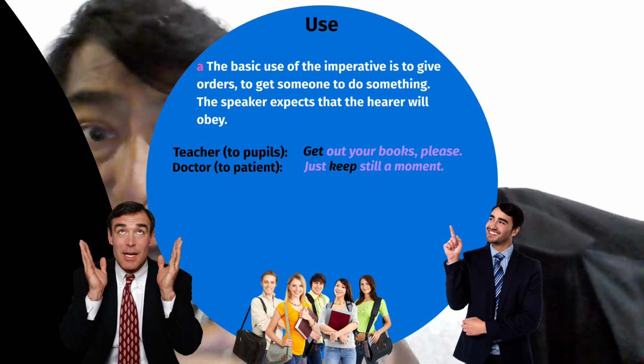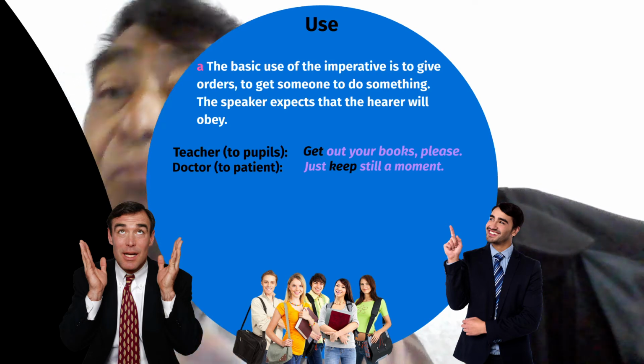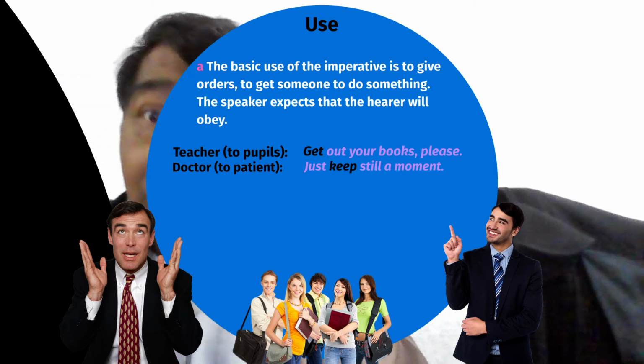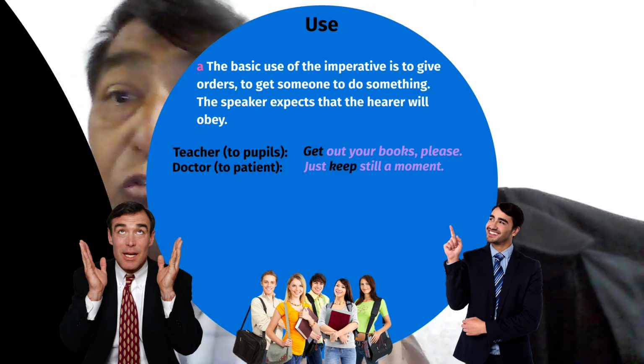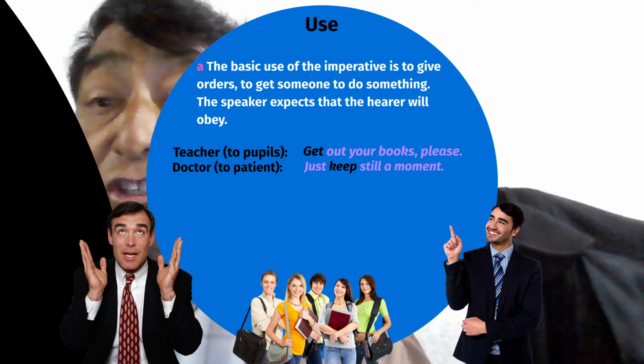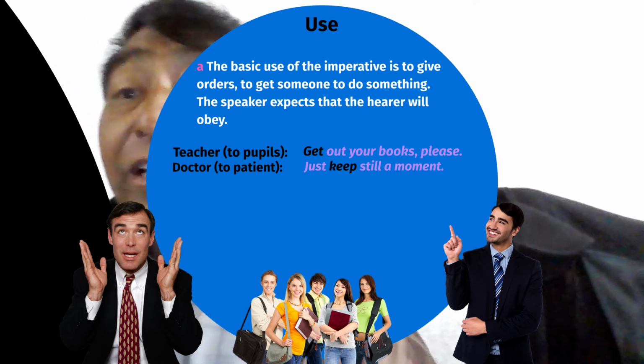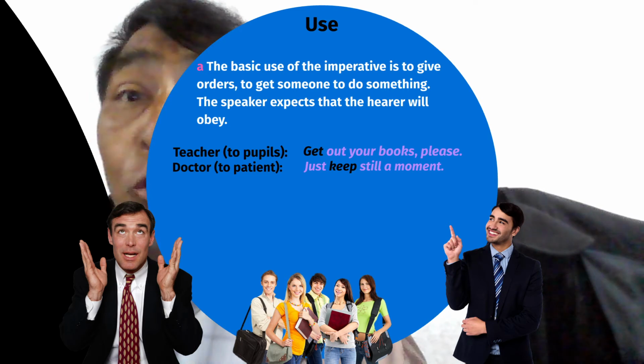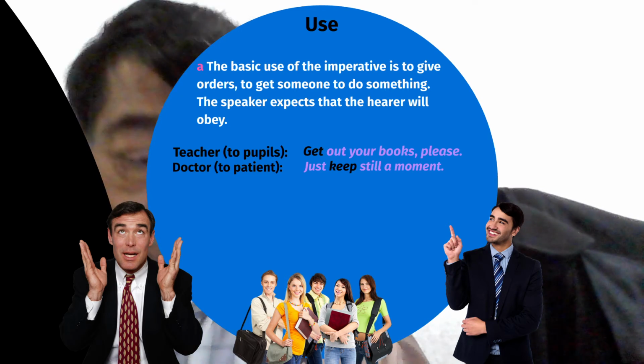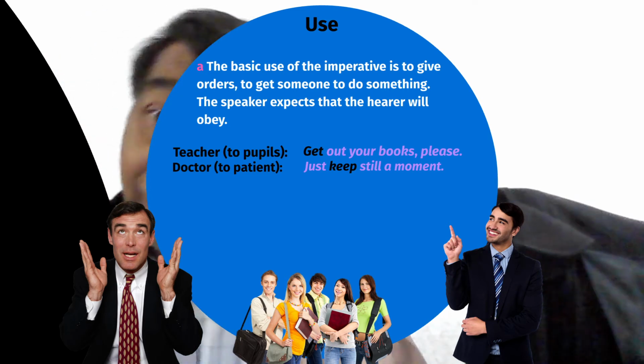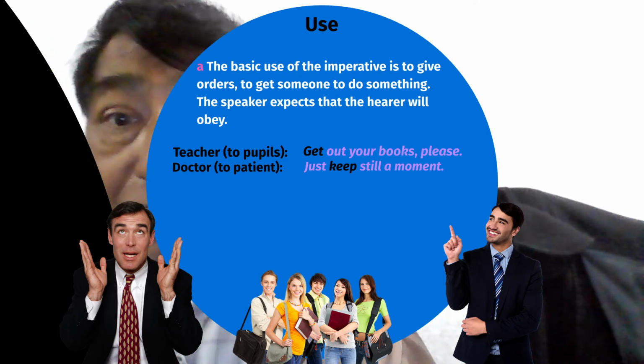Get out your books, please. So this is an order. This is a command. This is the use of an imperative where the teacher gives an order and the pupils are supposed to obey. To say, oh yes, let's take out our books.